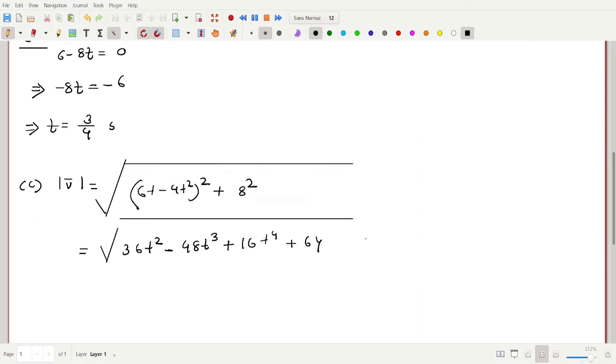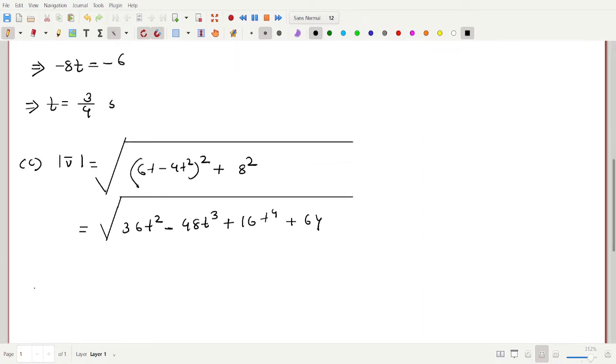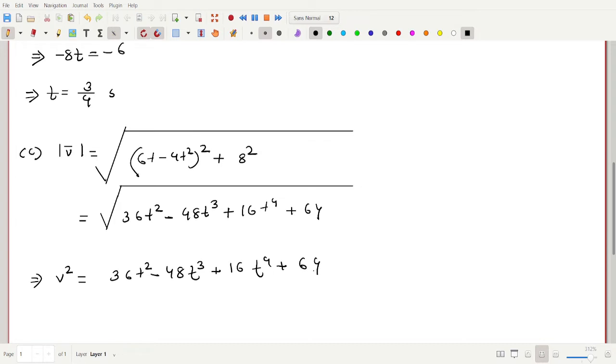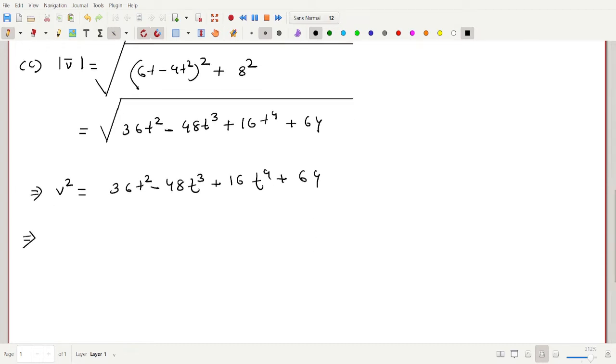Okay, so v square will be 36 t square minus 48 t cube plus 16 t to the power 4 plus 64. And our question says when the speed equals 10 meter per second, so v square will be 100.